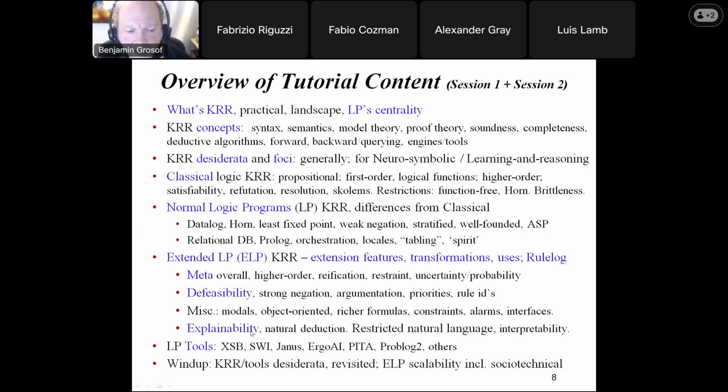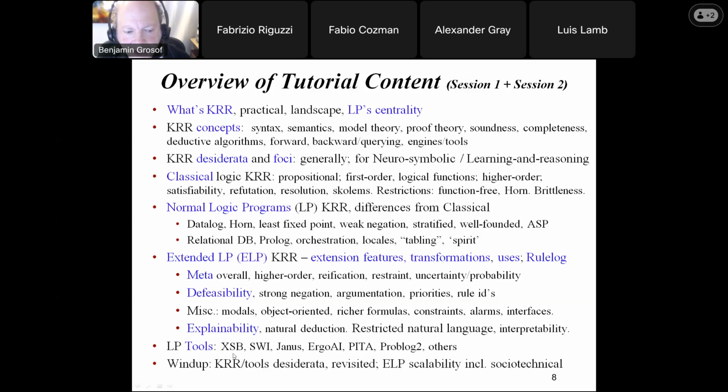Another key attribute is explainability, and the ELP group has a strength in terms of natural deduction, being the style of its proof procedures and its semantics being conducive to that, and that really helps people who are not logic experts understand quickly how conclusions were reached and then support the debugging as well as the process of reaching trust in systems engineering generally.